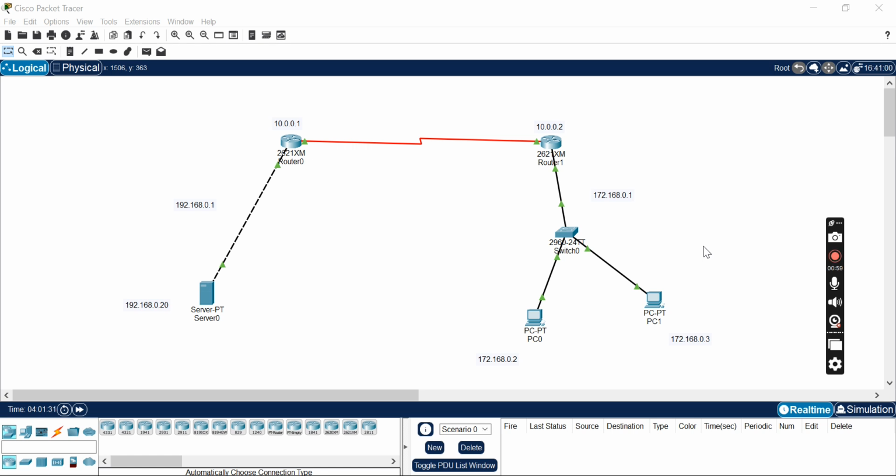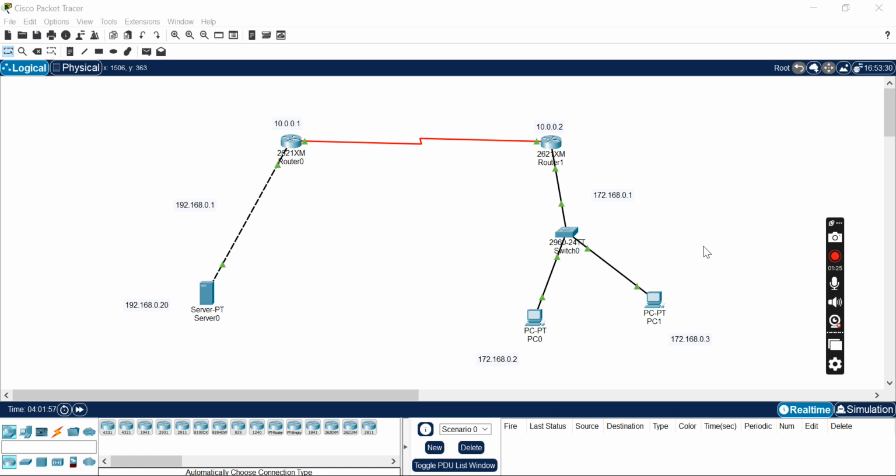In those videos, I showed everyone how we can configure standard and extended, but there is another alternative way to configure ACL. So I'm going to show that.